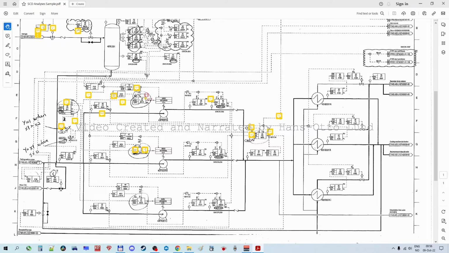And what's going on is that the cooling medium is coming from this side here, and then it's going through some pumps, and those pumps deliver the cooling medium to some heat exchangers, those three here.